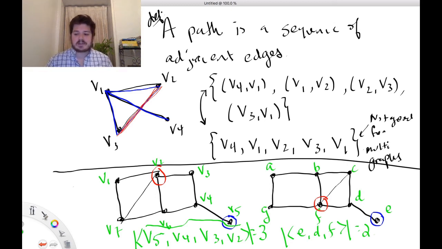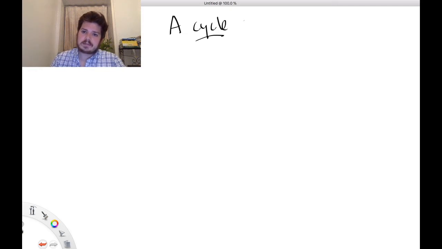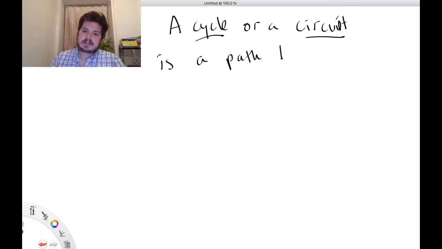Okay, so just to get through a couple more definitions. Let's start with a cycle. A cycle or a circuit is a path that starts and ends at the same vertex.